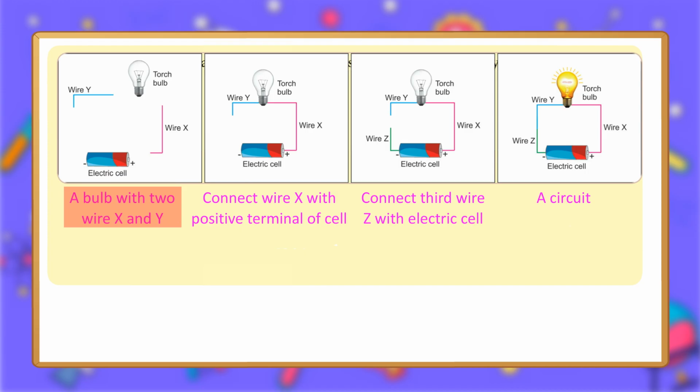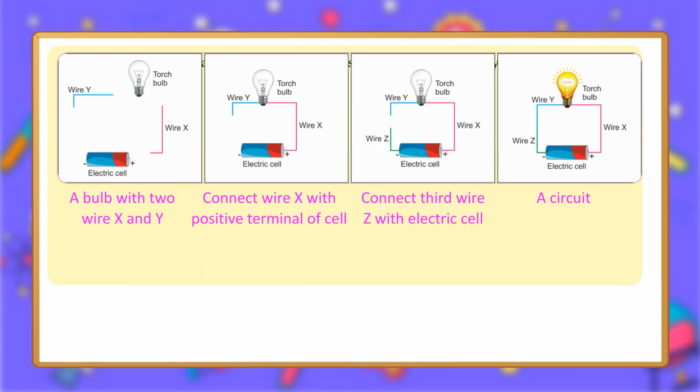A bulb with two wires, X and Y. Wire Y. Torch bulb. Wire X. Electric cell. Connect wire X with the positive terminal of the cell. Connect the third wire Z with the electric cell.